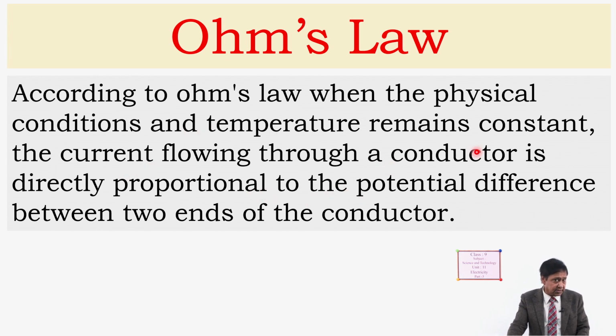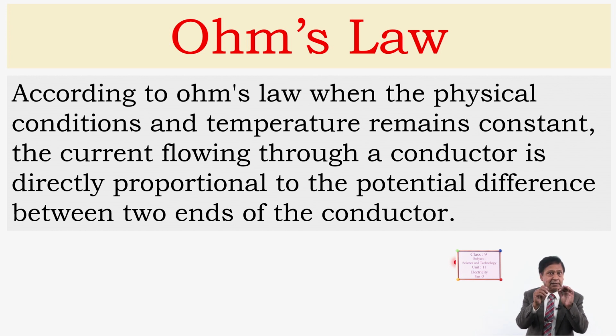But have you noticed this? When physical condition and temperature remain constant, what does it mean? We do not have to change the physical condition. In the previous circuit, whichever bulb was used in the observation with one cell, the same bulb should be used when we use two cells. We cannot change the bulb.